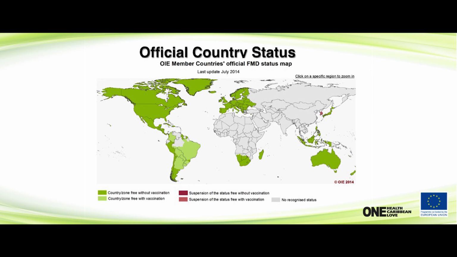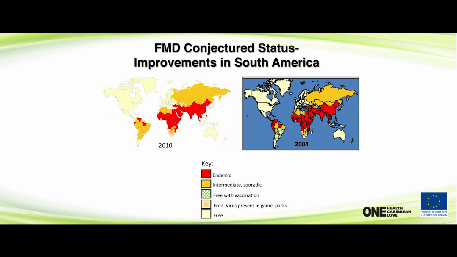And again, you can see here that the pattern is that the countries that don't have the official free status are largely in Asia and Africa. And you can also see the progress that has occurred in South America. You can see there are parts of South America in the extreme south and in Santa Catarina in Brazil that are free without vaccination, and also some other regions.